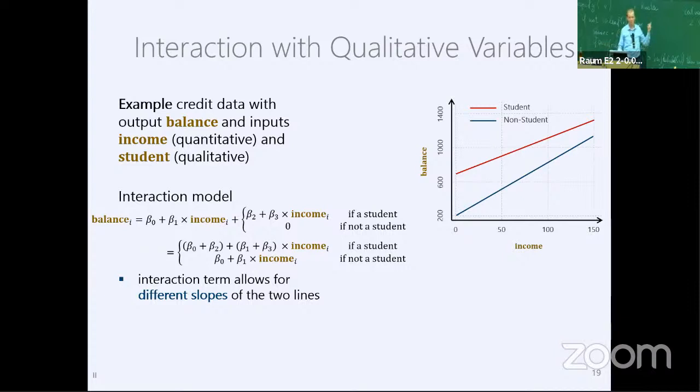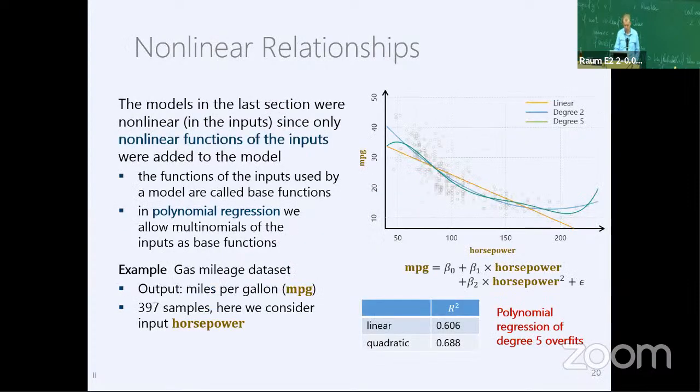Whether the slopes of the lines are realistic or not, I leave that up to the experts, but we now get different slopes. Essentially, almost nothing happened here. I just allowed an interaction term. So now we have this beta 3, which is studentship times income. That's essentially what it comes down to. Okay, nothing spectacular.